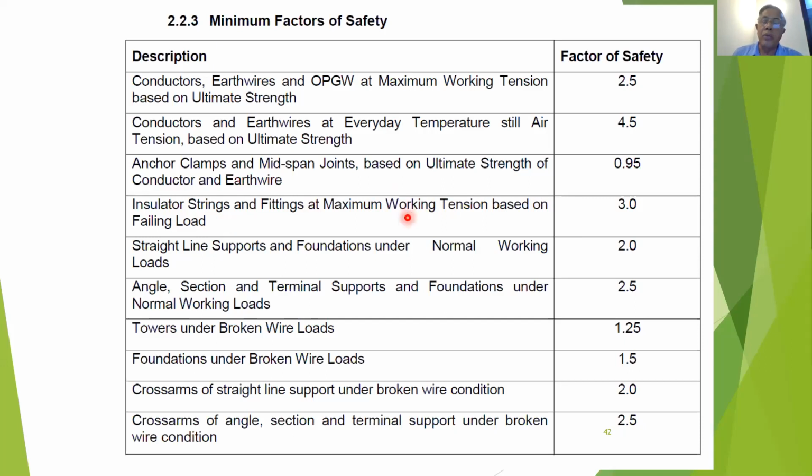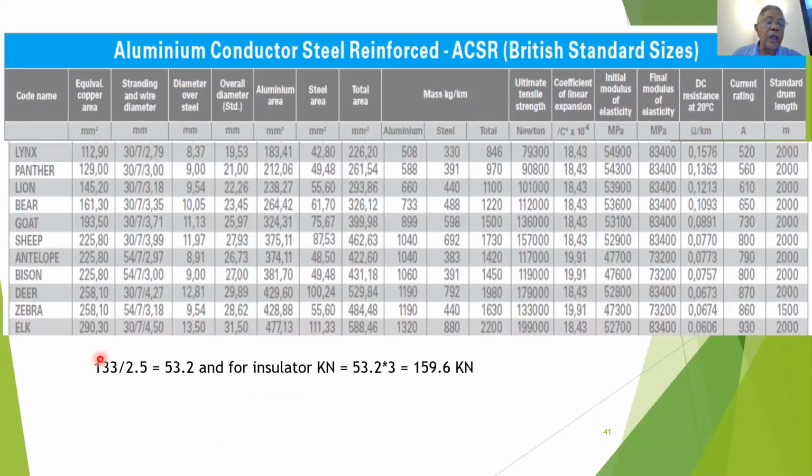Now that is the thing we are trying to derive here. Now the conductor maximum working load is this much. We have learned in a few previous slides. Now you take zebra conductor 133 divided by 2.5, the maximum working load is 53.2.